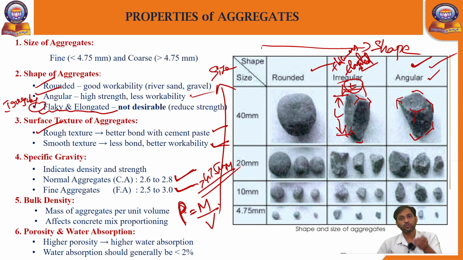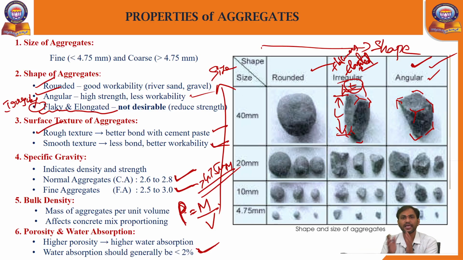And pumice stone, you know. So those aggregates will have a porous nature, and those porous aggregates will absorb a lot of water. Okay, so that should not be good. The water absorption should generally be 2%.